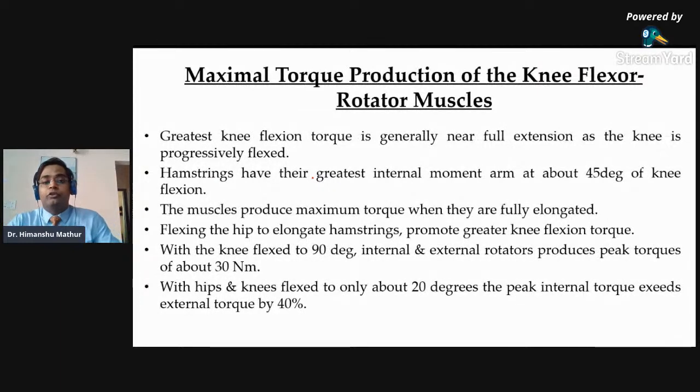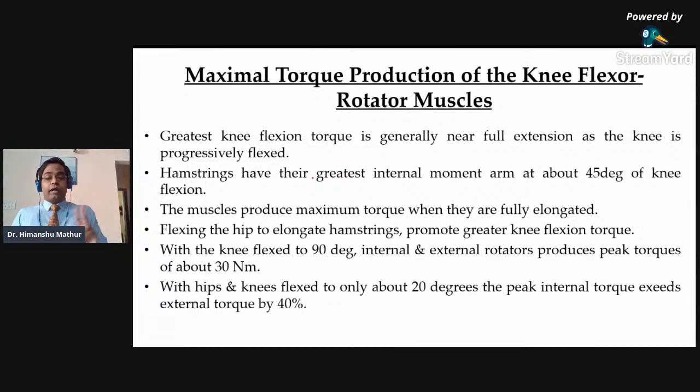Now we have to talk about the maximal torque production of the knee flexor rotator muscles. The greatest knee flexion torque is generally near full extension. We all know about it. There can be two reasons behind it. One is that the momentum for the flexors would be high whenever I go into complete extension.